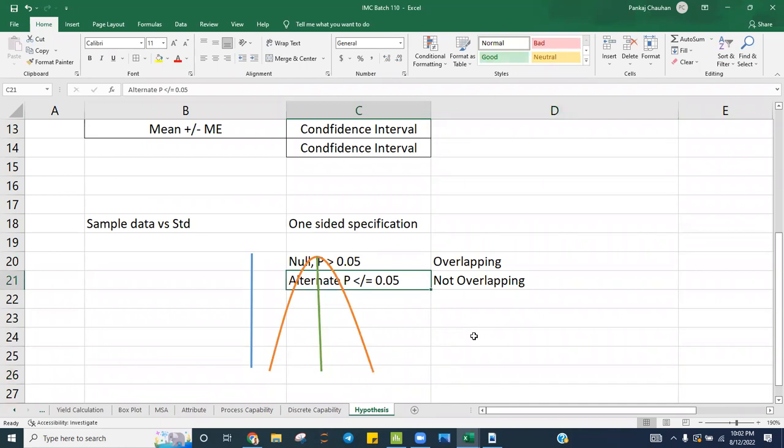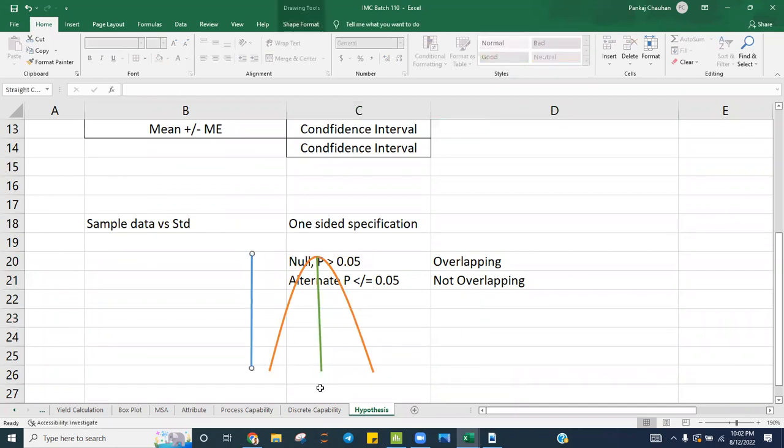So here you have to be very, very careful. As I was telling, decision errors. You will make a decision error as a false positive or false negative. So this decision error is going to be a false negative if you say the p-value is less than 0.05, which means there is a difference. Yes, there is a difference, but this difference is in your favor, because you already crossed the target level.